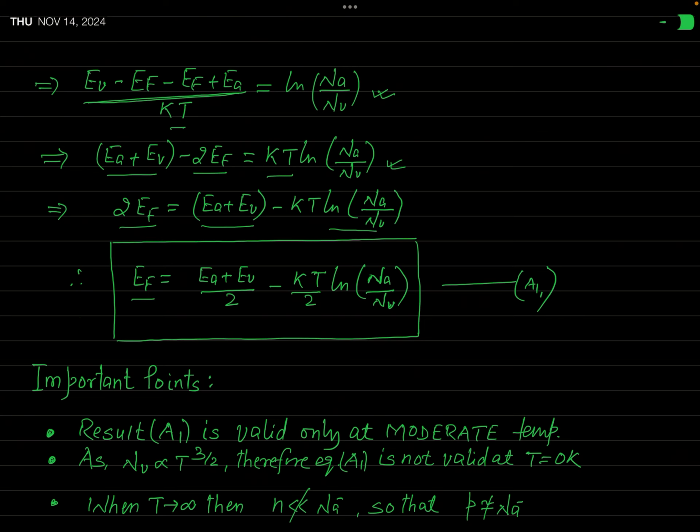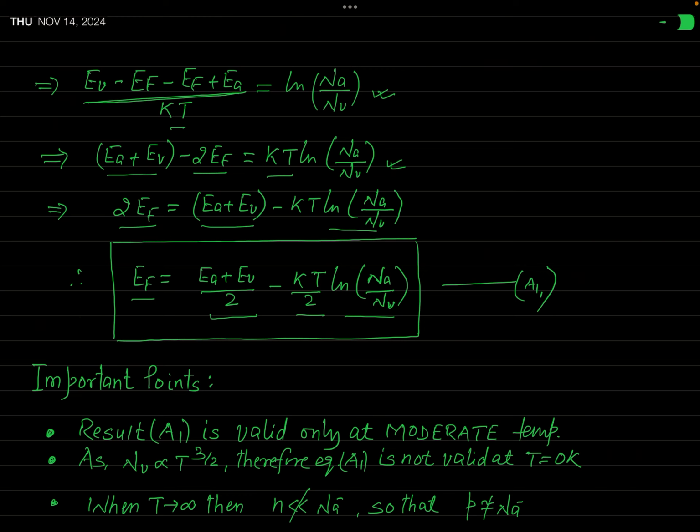And so EF is given as EA plus EV divided by 2 minus KT over 2 times log of Na over Nv. And this is actually the expression for the Fermi level or Fermi energy of a p-type semiconductor. Okay. Now after getting this expression for Fermi level, we will see some of the important facts which are hidden in this result.